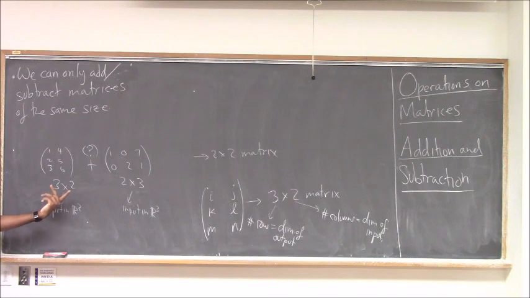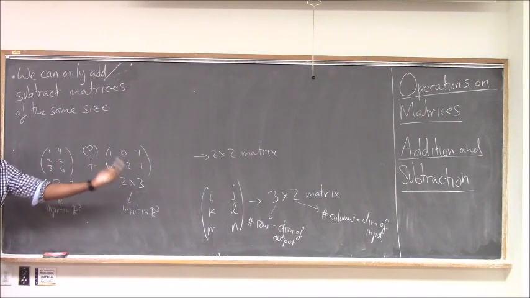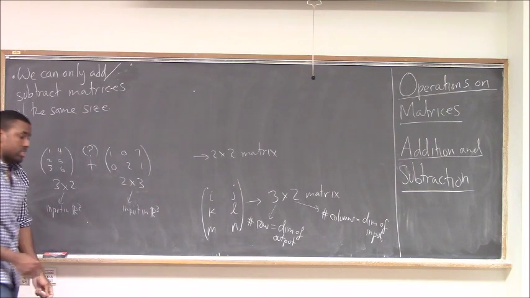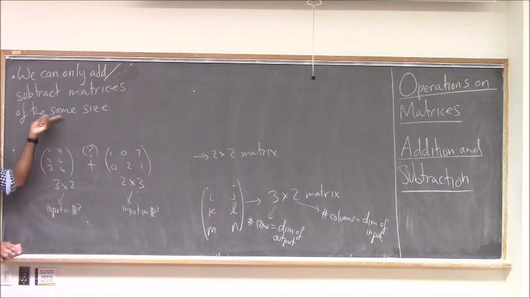In fact, the number of rows must correspond, right? It has to be a 3 by 2 with a 3 by 2. You can't switch the numbers here. That won't work. It won't make any sense. Okay? So they have to be the same size because the dimensions have to match up.